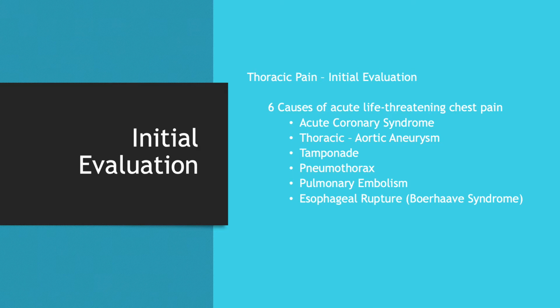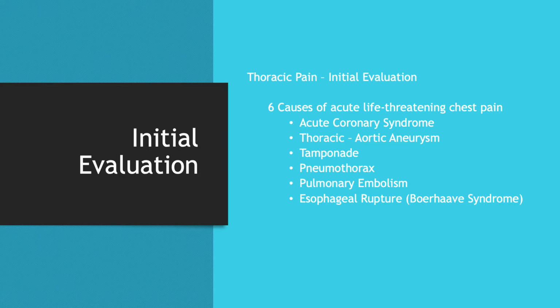And then esophageal rupture. This is, at least in my clinical experience, extremely rare. I've never seen this in inpatient or outpatient setting. But again, if they come in with a history of retching or ingestion of some toxic substance that would erode the esophagus, you could consider this.